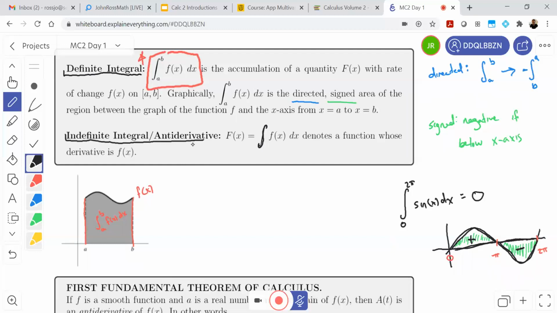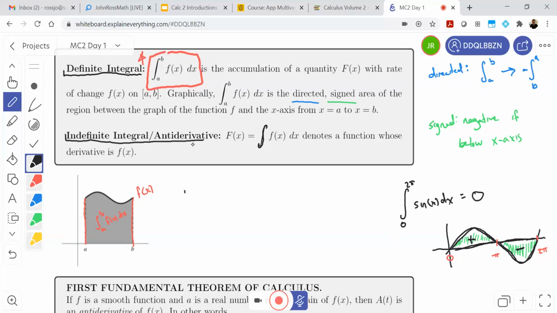I want to address the fact that this is really confusing notation, because it is confusing notation. There are two objects here, the definite integral and the indefinite integral. They look almost identical. They sound identical when I say them out loud, but they're describing two different things.